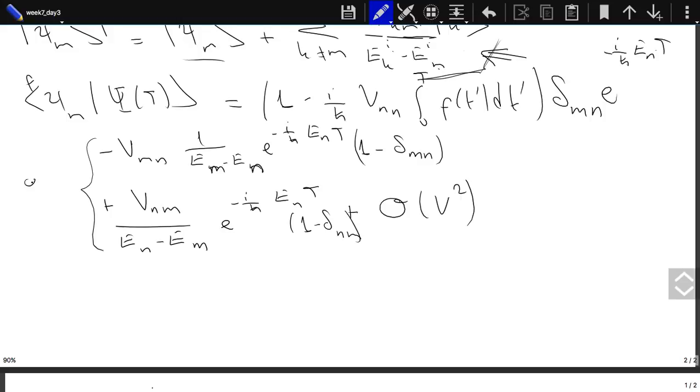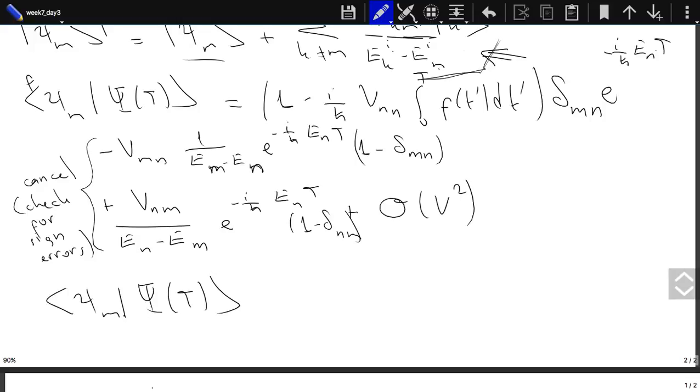So if they cancel, what you end up having is this matrix element equal to something multiplied with Kronecker delta Mn, plus corrections of the order of V squared. This is basically the trick.